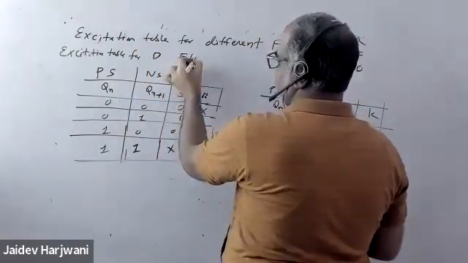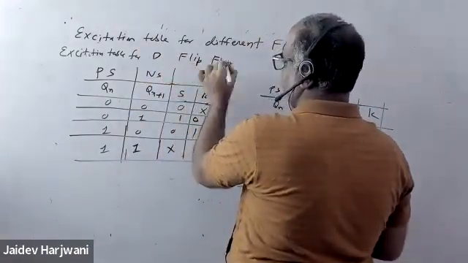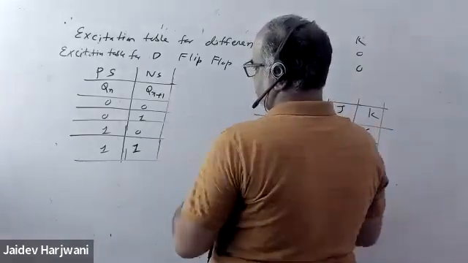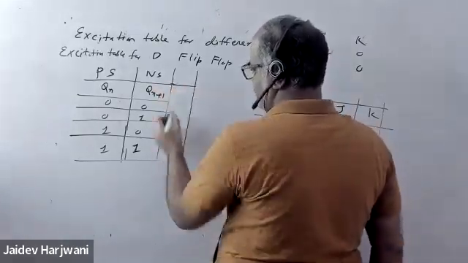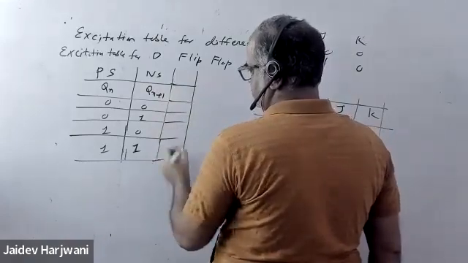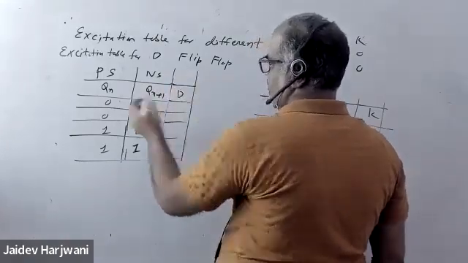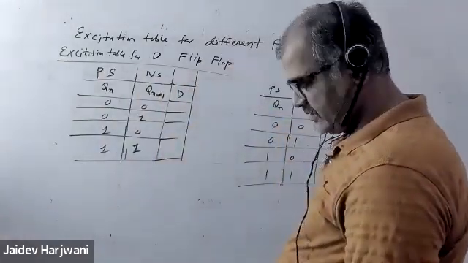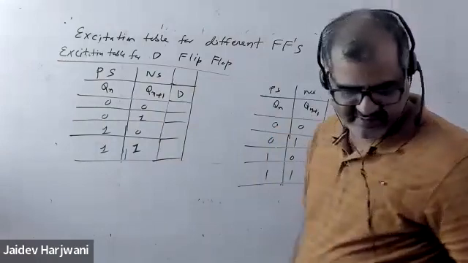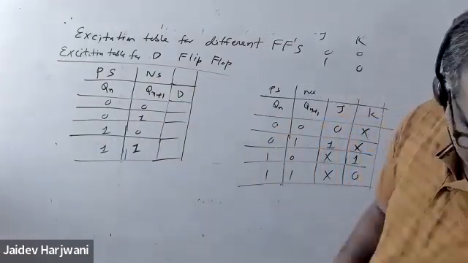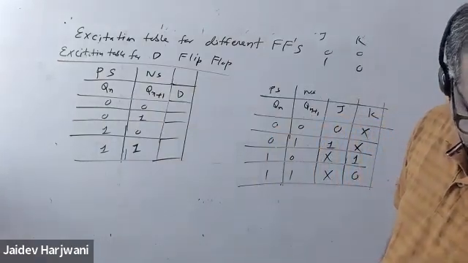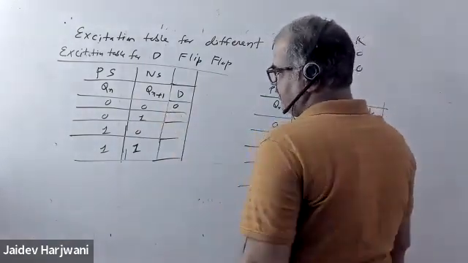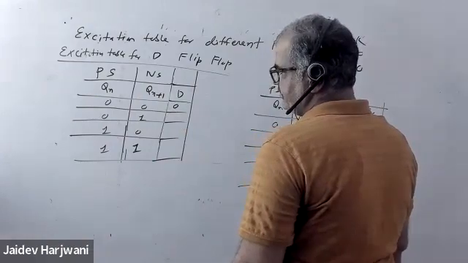Now similarly, if I want to use, say, D flip flop, the excitation table for D flip flop. D flip flop means you have only one variable, D. D flip flop is like an SR flip flop only. So tell me the table for D flip flop. 00 happens only for 0, 01 happens for 1.